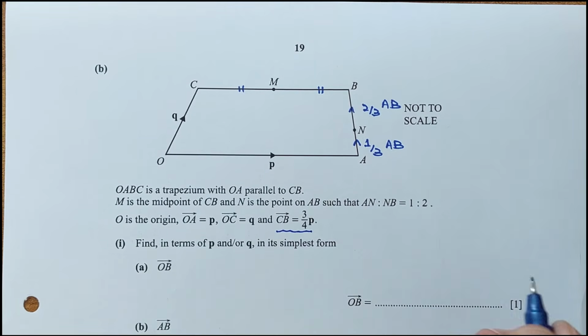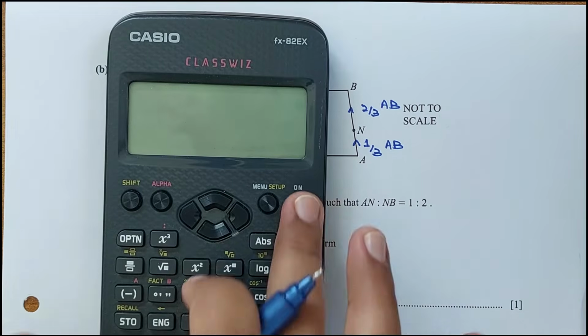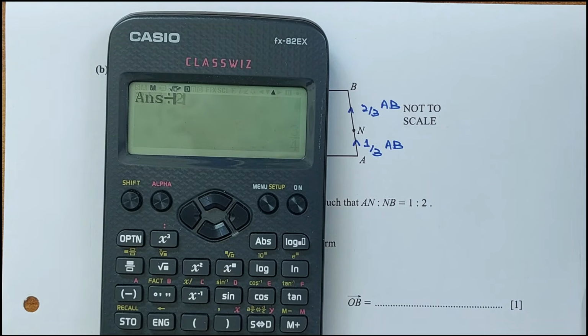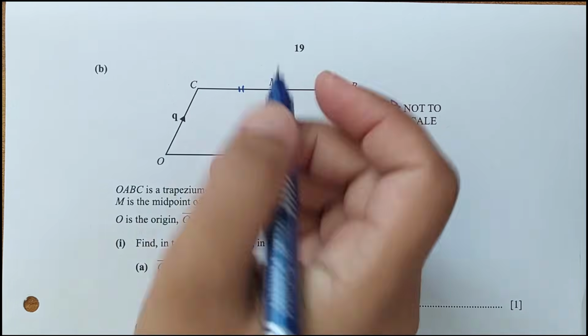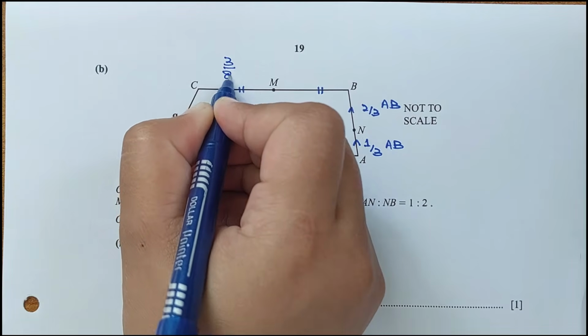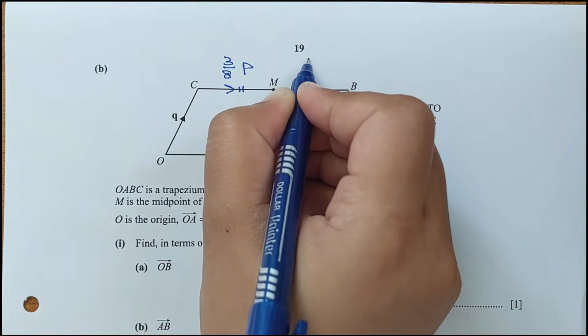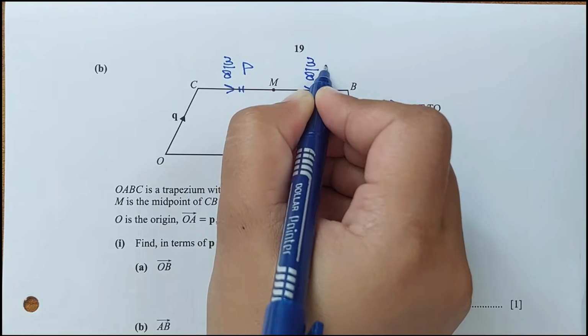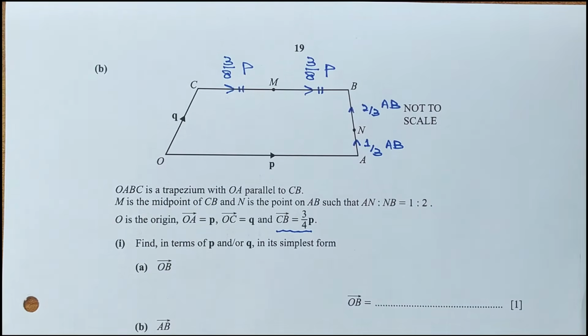If CB is 3 by 4 of P, then half of it is 3 by 8. This side is 3 by 8 of P, and this side is also 3 by 8 of P, and the whole is 3 by 4 of P.